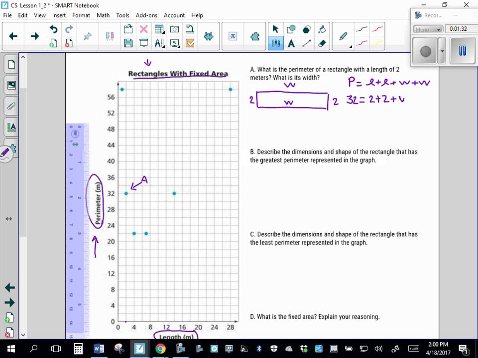And so, Maya, we're trying to find the missing W. Does that make sense? So, like, I know this adds up to be how much? 4. So, I need to figure out how much to add to 4 to make 32. 4 plus what?